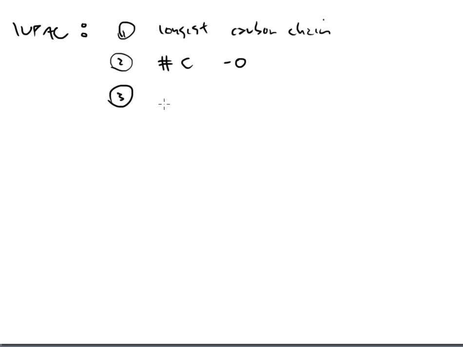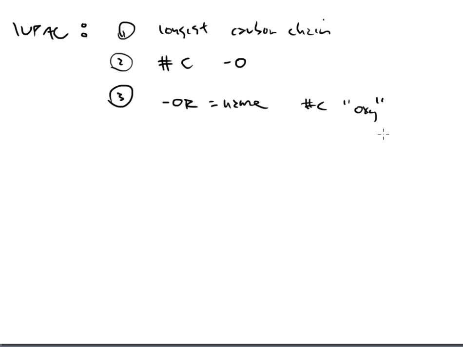Next, we name the OR group. We have to give this a name, and the way that we give it a name is that we name the number of carbons, and then we add on the word oxy at the end instead of the ending of yl. So for instance, if it's a propyl with an O on it, we're going to call it a propoxy.